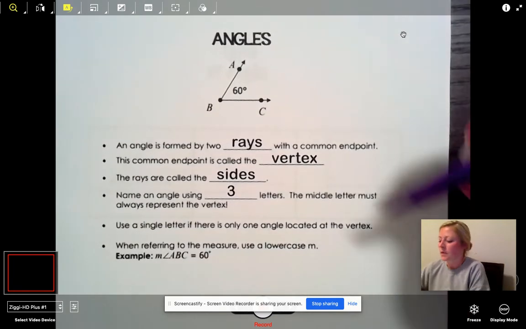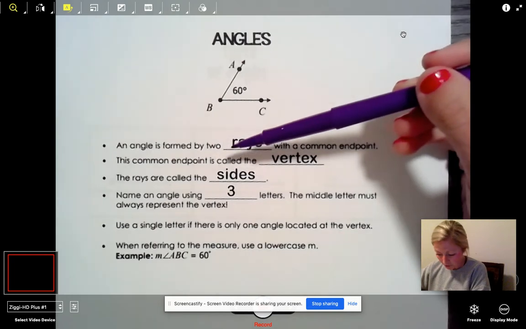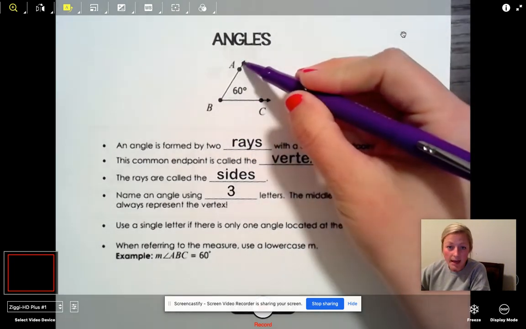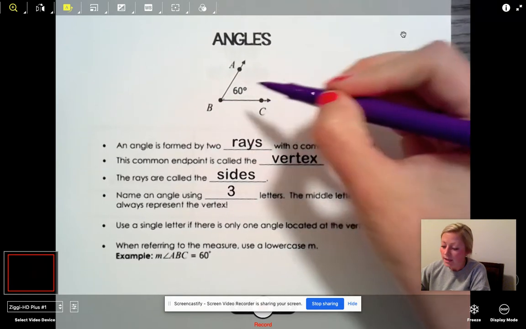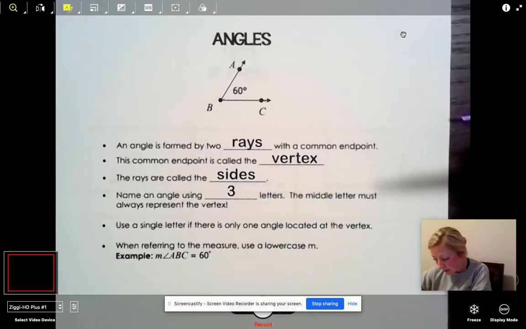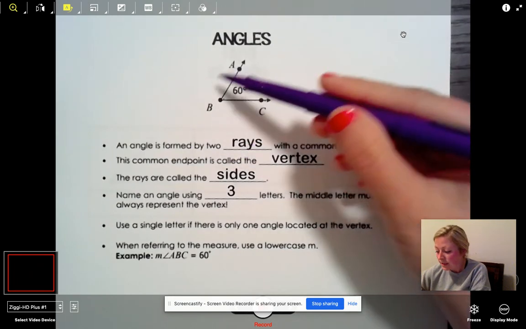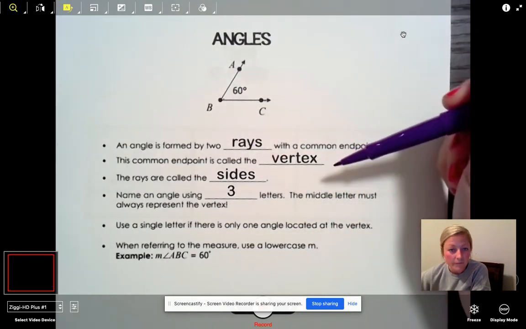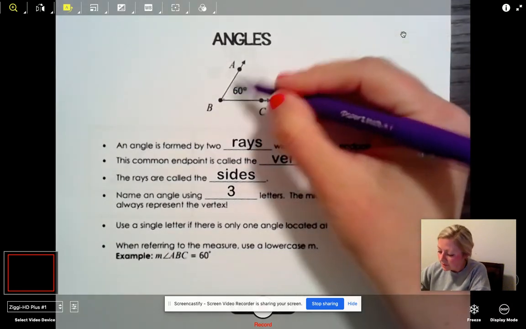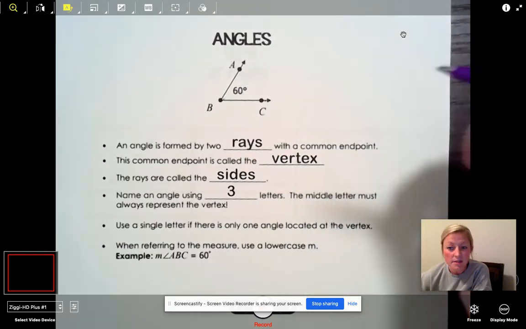Angles. An angle is formed by two rays with a common endpoint. Do you guys see how I have ray BA and ray BC? Since they both have an endpoint of B, it forms an angle. This common endpoint is called a vertex, so B is our vertex. The rays are considered the sides of our angle.